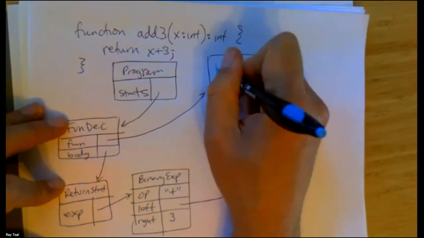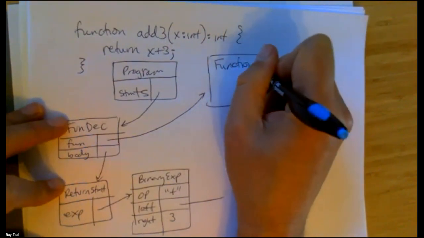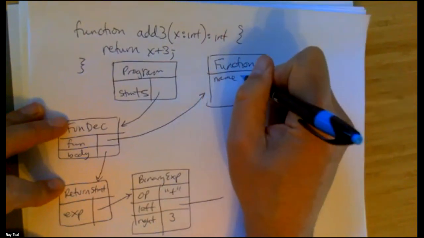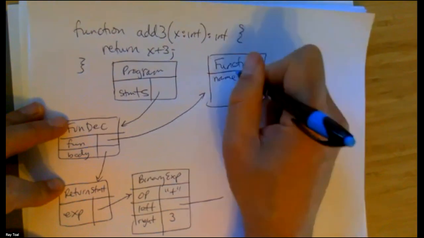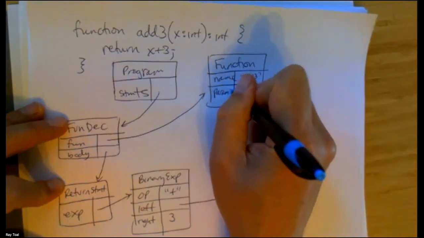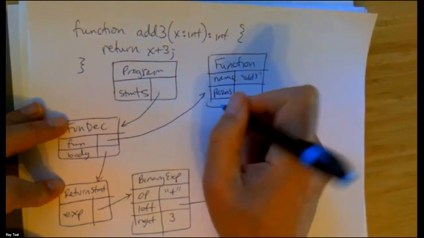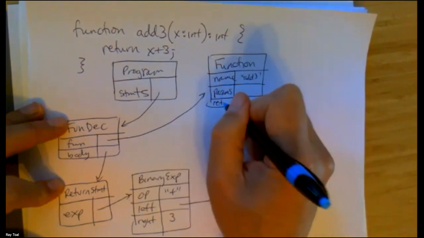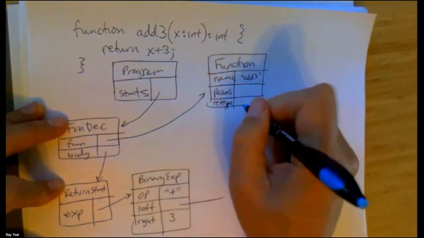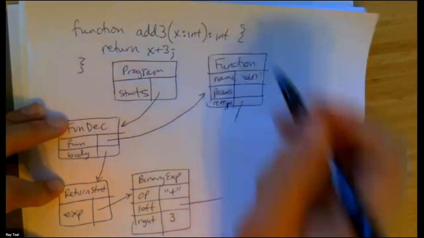Okay, so the function that's being declared has a name. The name is add3. It has parameters. And it has a return type. Now, what is the return type? Int.